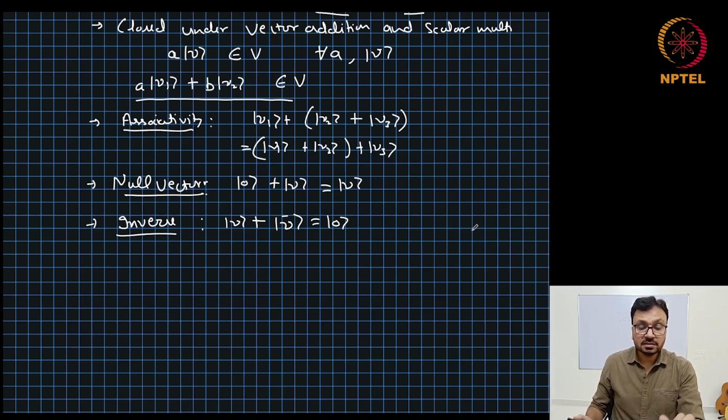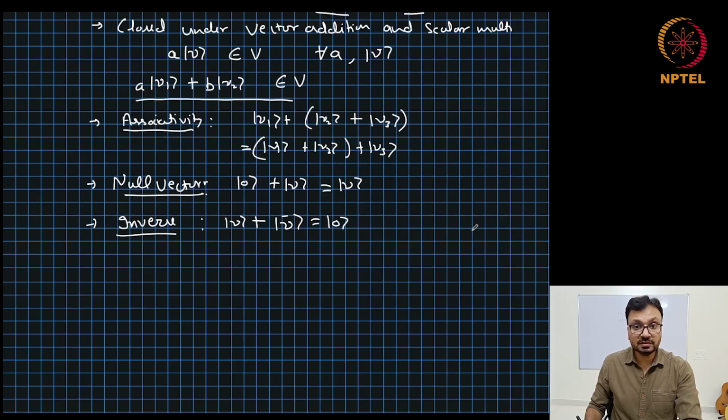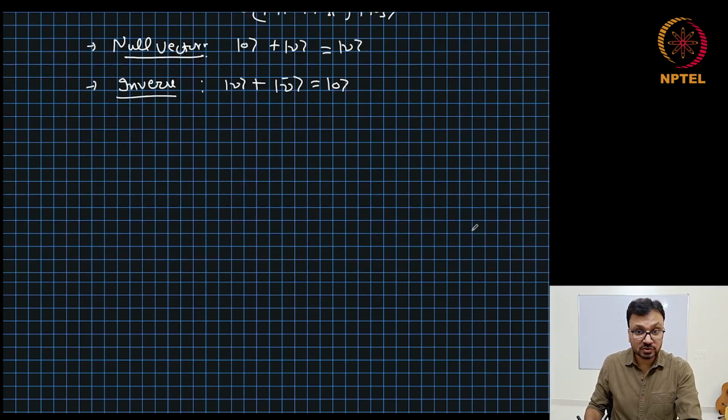There are a few more conditions, but these are the main four which need to be satisfied. It has certain properties which will be revealed as we go along in this lecture. This can be a very powerful mathematical structure to understand many concepts in mathematics and in the foundations of quantum mechanics.